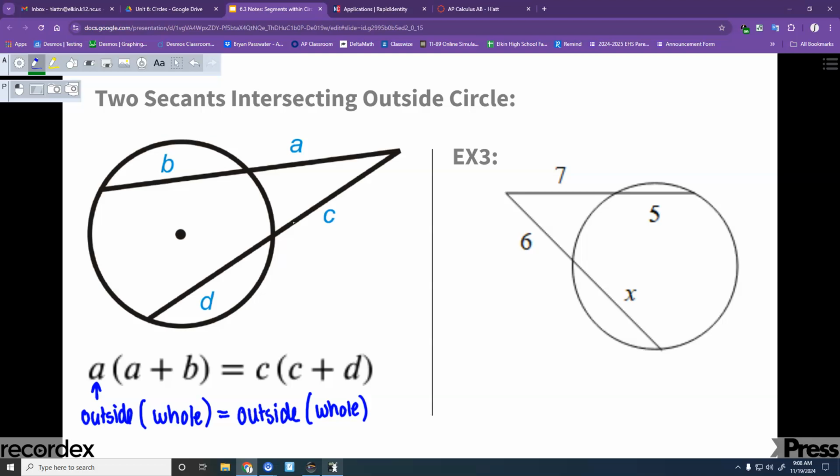So if we look at this picture right here, the outside part for that first secant would be 7. And then the whole thing would be 7 plus 5. Or if you wanted to, you could go ahead and put 12 for that.